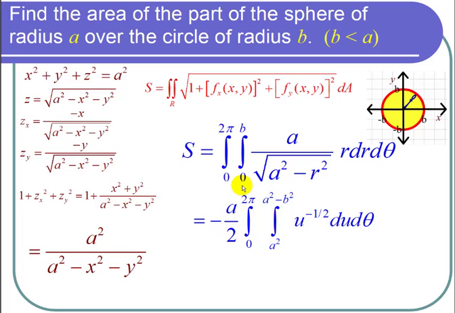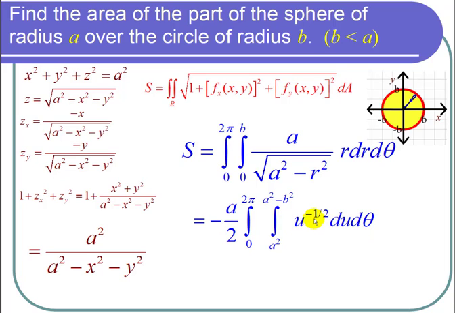If we plug in 0 for r, we get a squared minus 0, or just a squared. And if we plug in b for r, we get a squared minus b squared. And then we have a root u on the bottom, and that becomes a u to the negative 1/2, du d theta. So now let's integrate.